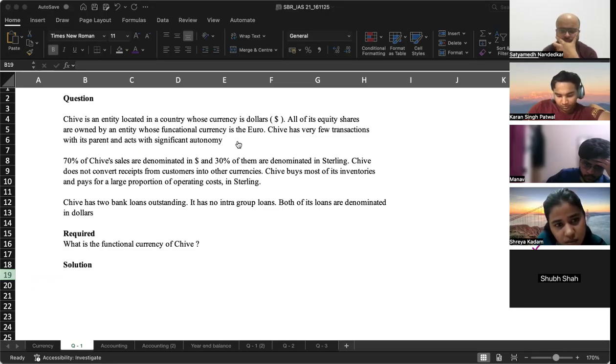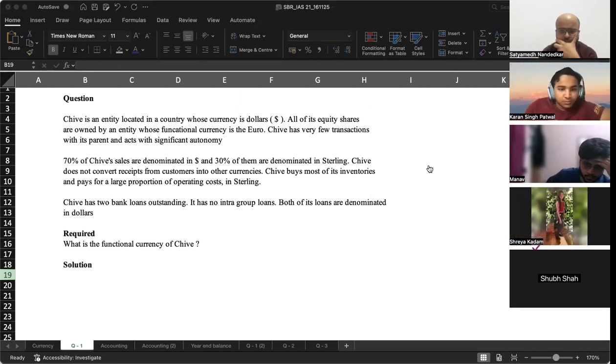Chive does not convert receipts from customers into other currencies. Chive buys most of its inventories and pays for a large proportion of operating cost in sterling. Chive has two bank loans outstanding. It has no intra-group loans. Both of its loans are denominated in dollars.